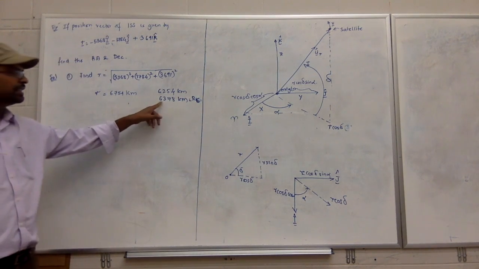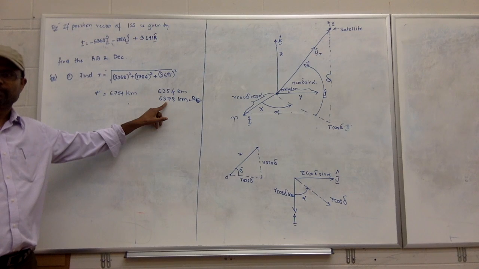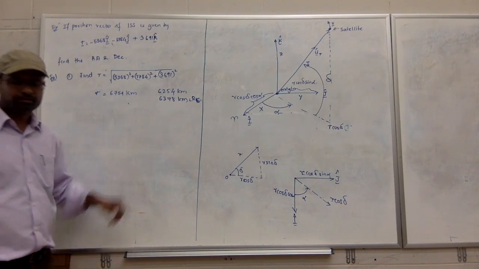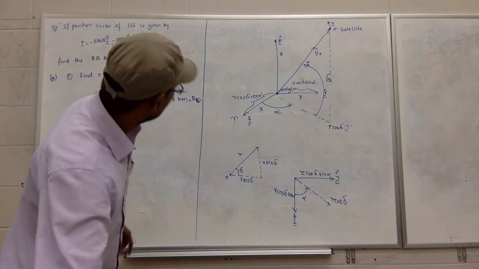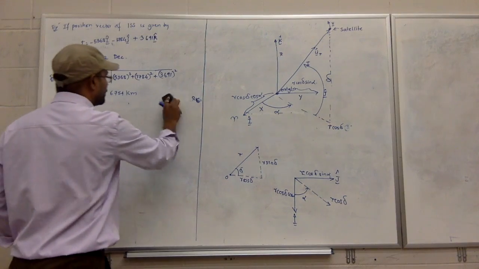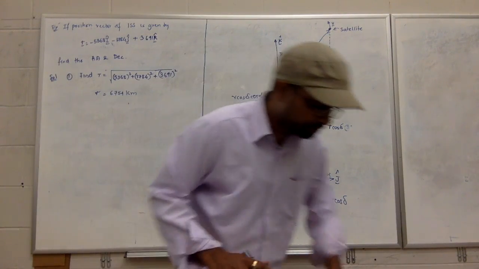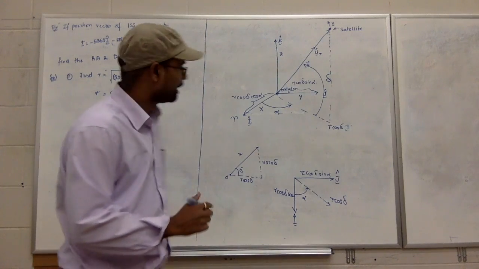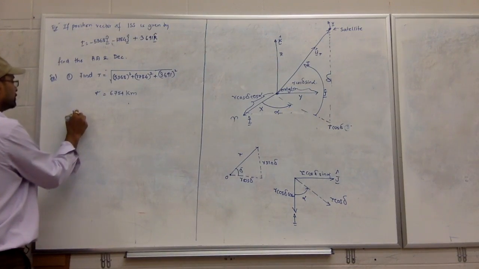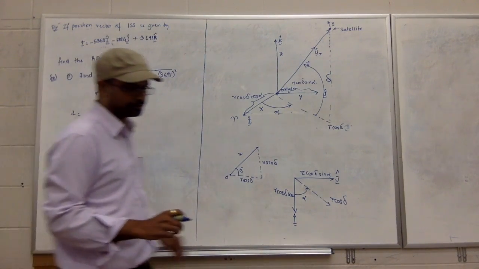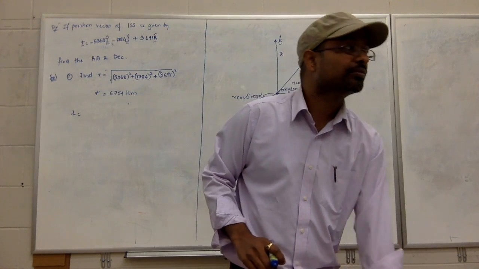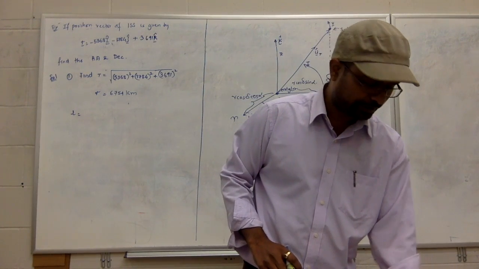It cannot be less than this. Make sense? The first thing you do is calculate this magnitude R. What was that number? 6378.